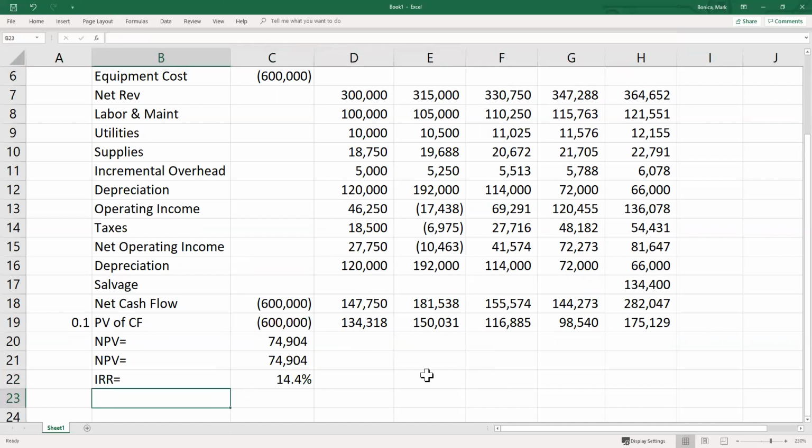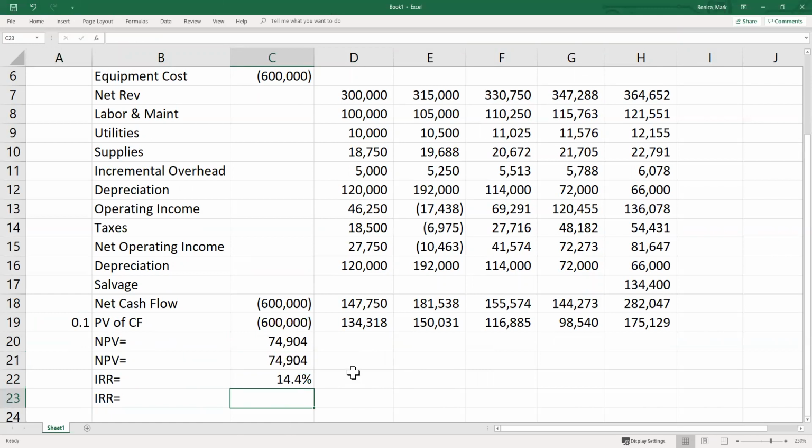And then you could also calculate the IRR manually using GoalSeek, which I just get a kick out of doing, so I'm going to do it. And to do that, you have to figure out how to set the NPV equal to 0. So I'm going to manipulate the discount rate such that my NPV is equal to 0, because IRR by definition is the discount rate that would cause NPV to equal 0, right?